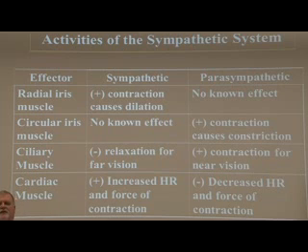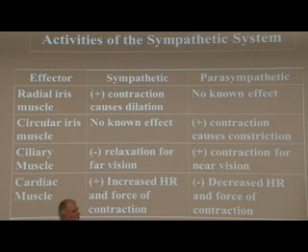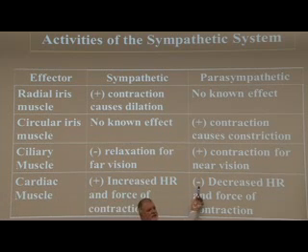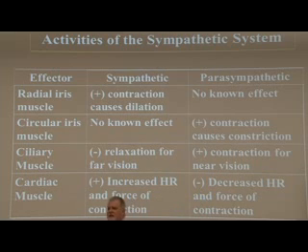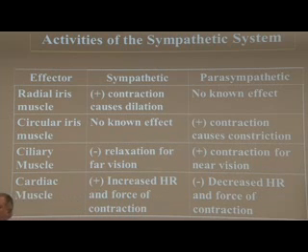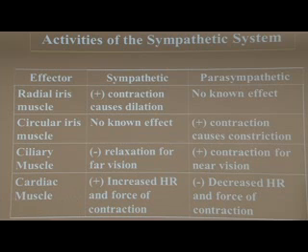If it's something that would be an advantage at rest, then it would be the parasympathetic nervous system. My symbols here: this is an EPSP, and this is an IPSP, the positive and negative.